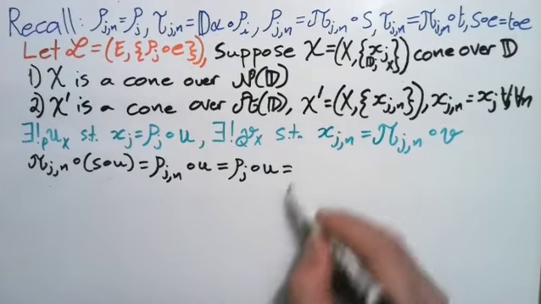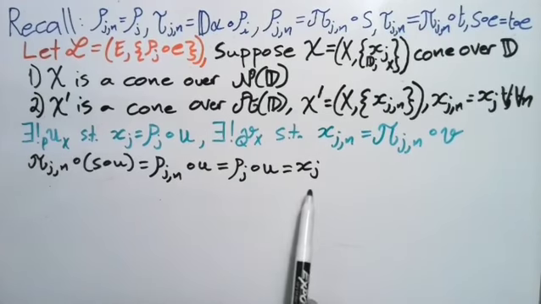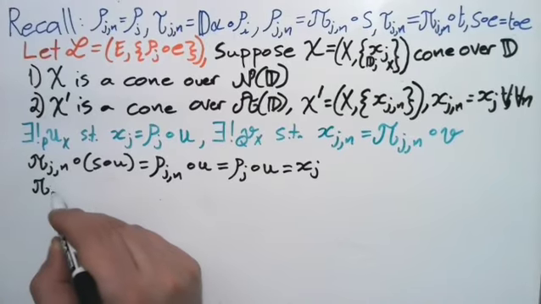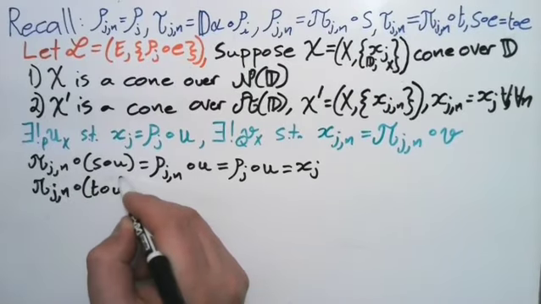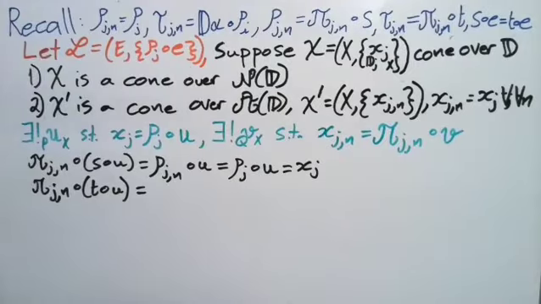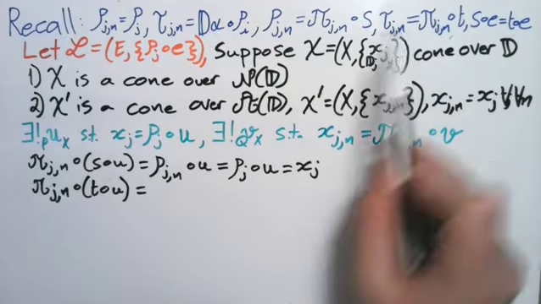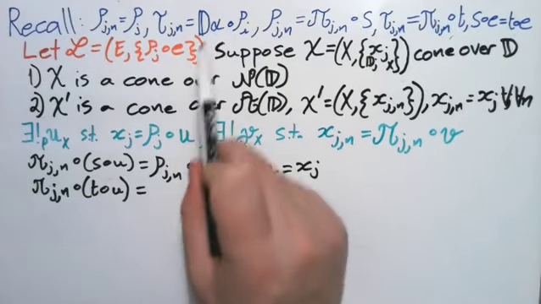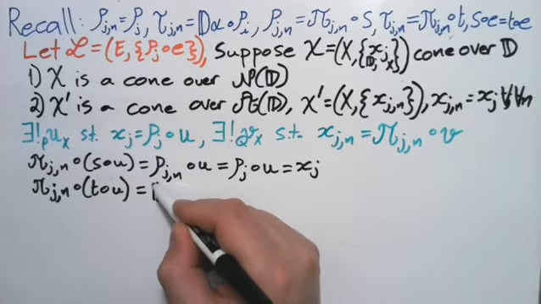And that is just what commutes with the legs of our cone x, right? So that's one of the xj's. And also the same for t after u. Since pi jn after t here is equal to tau jn, and tau jn is equal to d alpha after rho i.